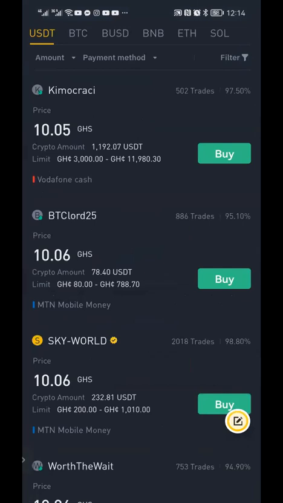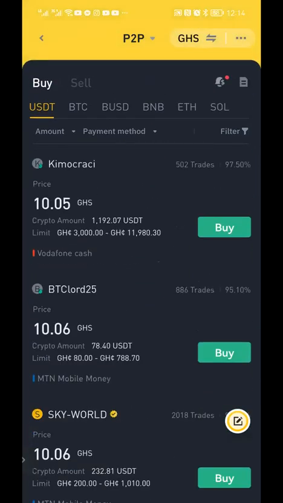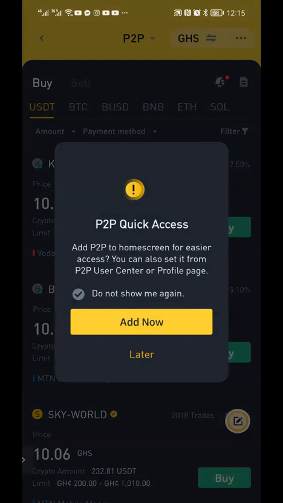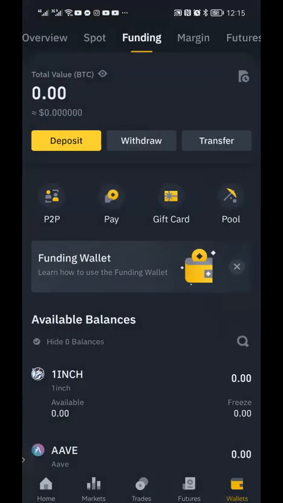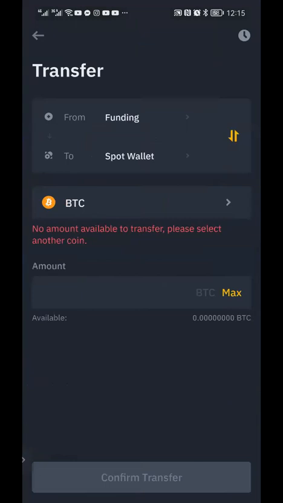Now let's assume you purchased already and the money is in your funding wallet. What you have to do is to click on transfer. So you can move the money from funding to spot or anywhere you want it to go.